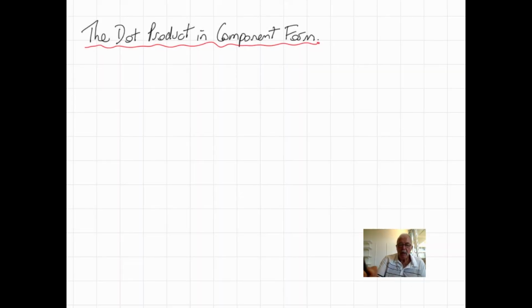Now that we've got component form, it's a very simple matter of finding what the dot product is. If we go back to the definition of the dot product, we've got A dot B. Don't forget the dot product is also known as a scalar product because we get an answer that is a scalar.